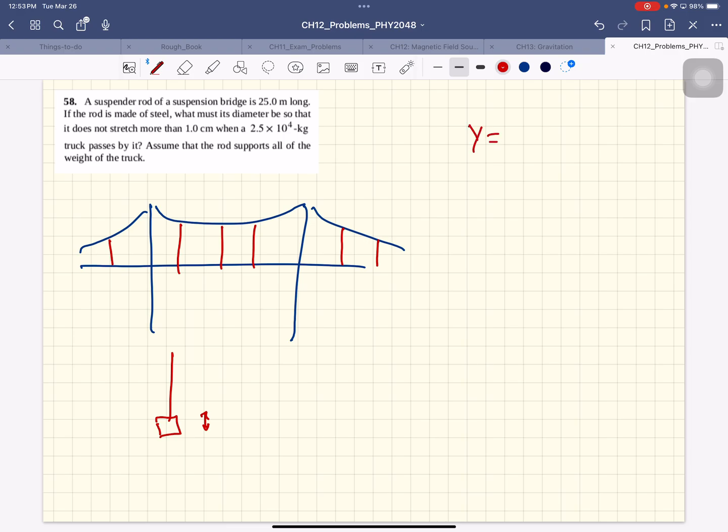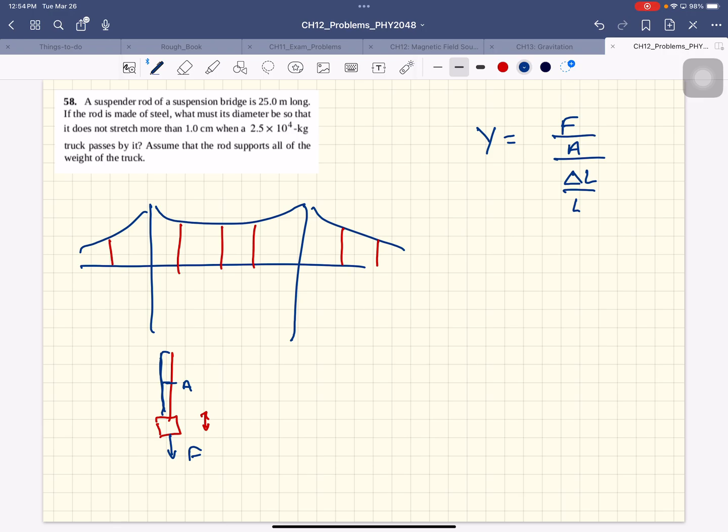Young's modulus is force, the force that you applied, which is the weight of this thing, and area A is the area of cross section, and the stretch divided by length. Okay. So what must be that diameter?